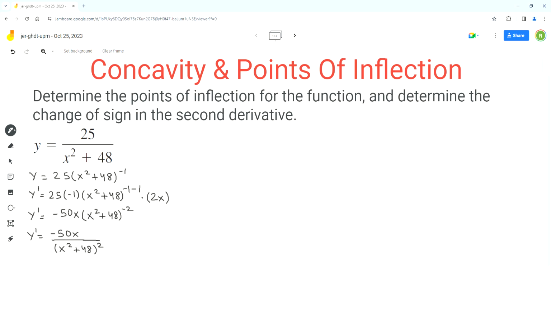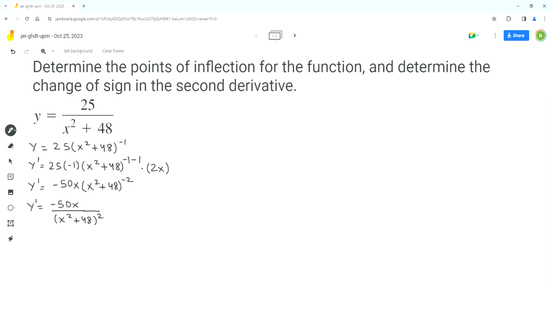Now we have to find the derivative of this y prime to get the second derivative of the given function. As per the quotient rule, we start with the derivative of the numerator times the denominator, minus the numerator times the derivative of the denominator.